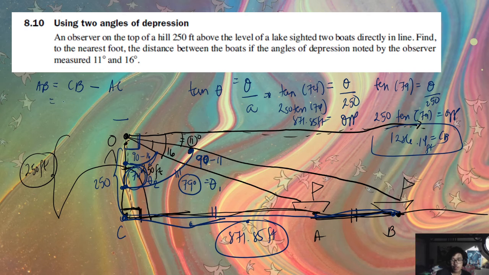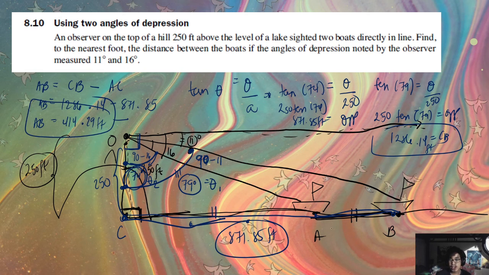So that's 1,286.14 minus 871.85 to solve the value of AB, or the distance between the two boats, and that should give us approximately 414.29 feet.